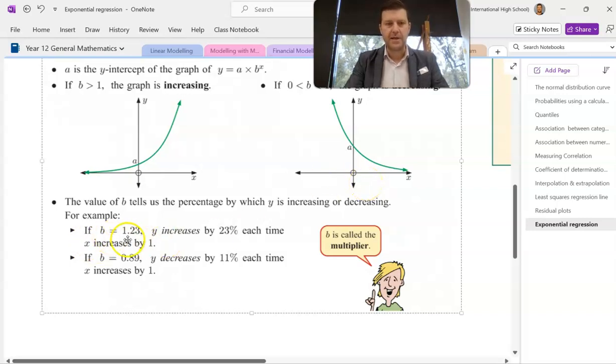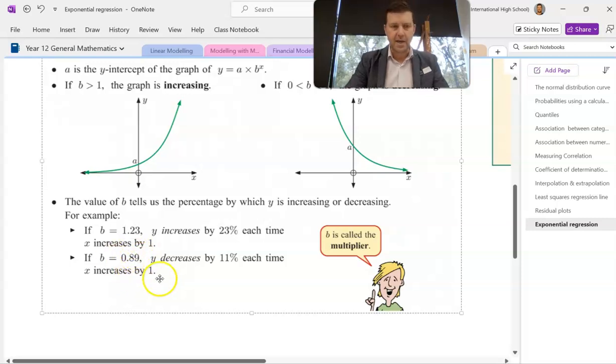So if b is equal to 1.23, we're talking about a 23% increase in the y value for each x increased by 1. And if b is less than 1, so it's still greater than 0, it's showing a decrease in that y value for every x increased by 1.